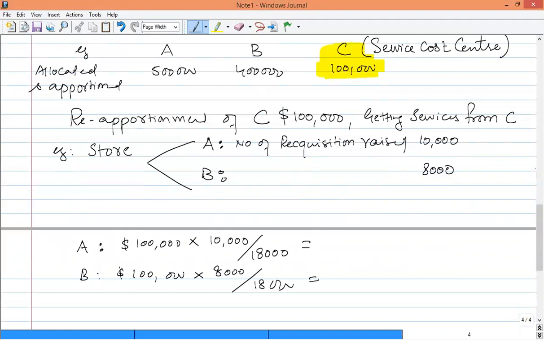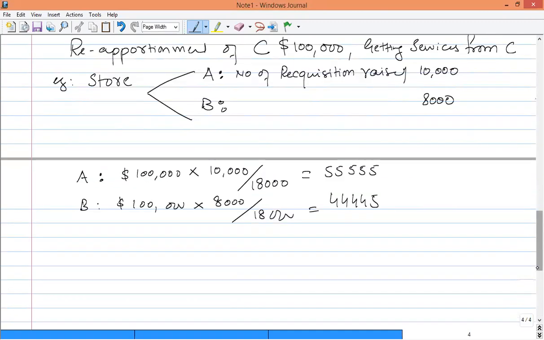In this way, we will be able to identify the overall cost related to production cost centers. And these are the reapportioned amounts.